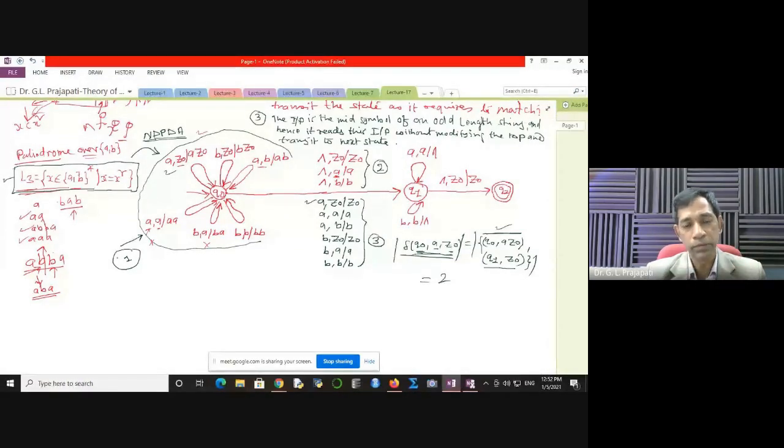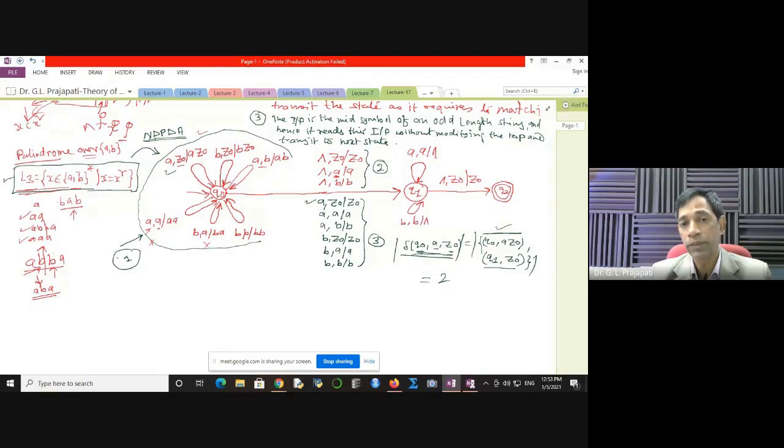But here, there is no algorithm available for converting the NDPDA, non-deterministic pushdown automaton, to the deterministic pushdown automaton, DPDA. Hence these 2 machines are not equivalent. You cannot obtain a DPDA equivalent to the NDPDA.